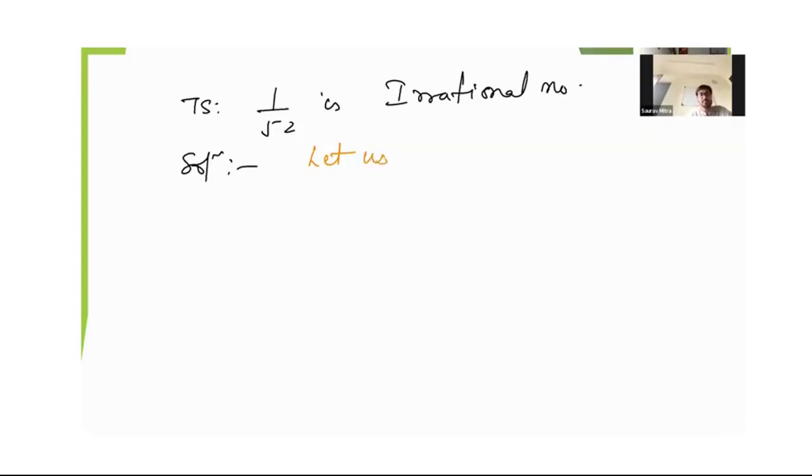So let us assume the given 1 by root 2 is a rational number. So 1 by root 2 can be written in a by b form.